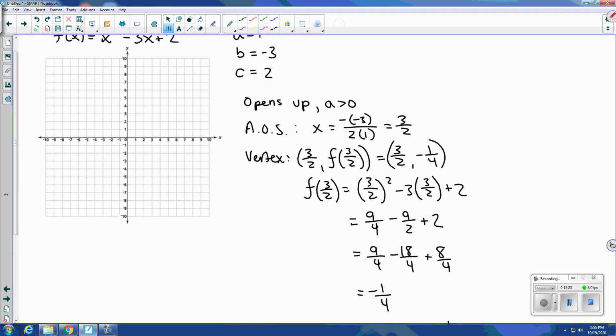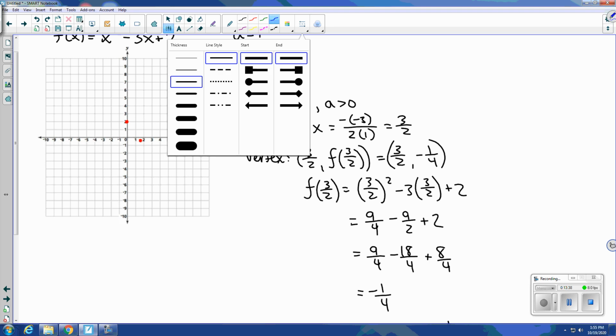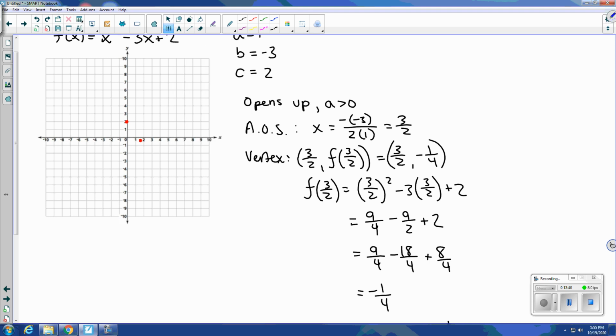So the vertex, we got 3/2, which is 1.5, and then negative 1/4. So somewhere in there, we got 2. We got an axis of symmetry running through that vertex that we'll add into our graph. Draw a better line.